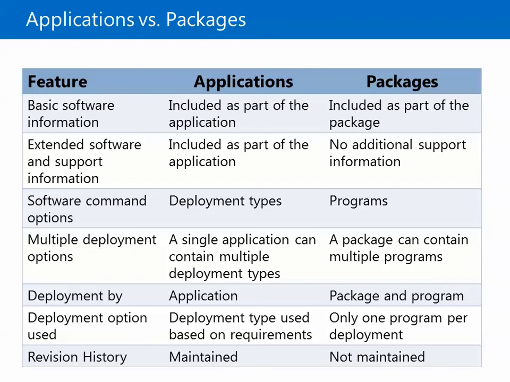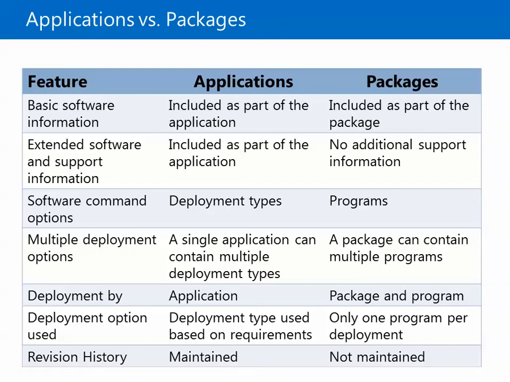So this is the difference between applications and packages. Basic software information is included as part of the application and as part of the package. Extended software information is included as part of the application. Here no additional support information is there in the package. Deploy software command options, deployment types, here we call them programs. So multiple deployment options: a single application can contain multiple deployment types, but a package contains multiple programs. Here deployment by application, here deployment by package, and either we can deploy a package or a program.